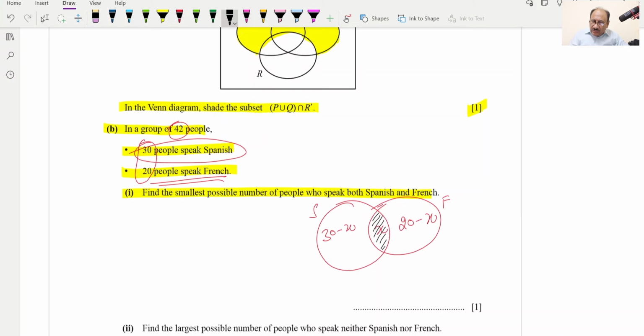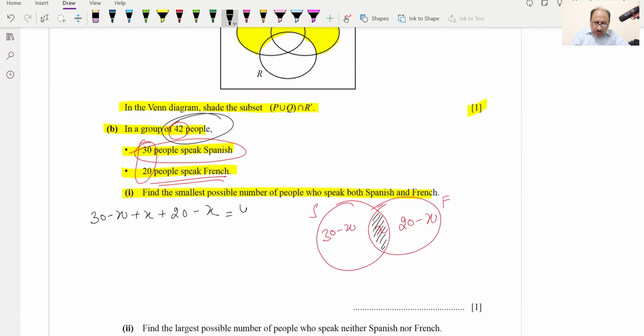So out of 20, x has gone to the common area, and out of 30, x has gone to the common area. Common means intersection. Now we can rewrite the equation: 30 minus x plus x plus 20 minus x, if we add all three, this should add up to 42.